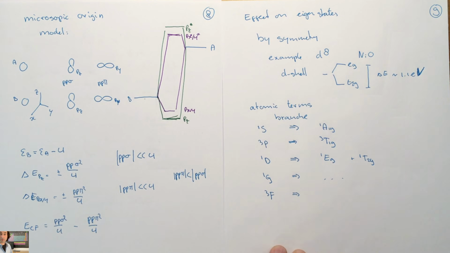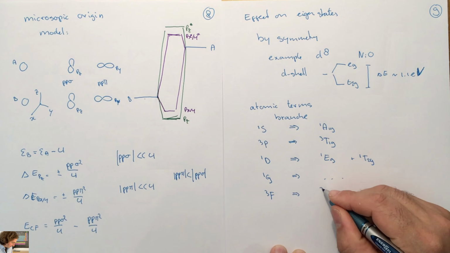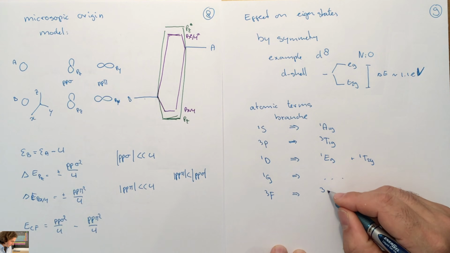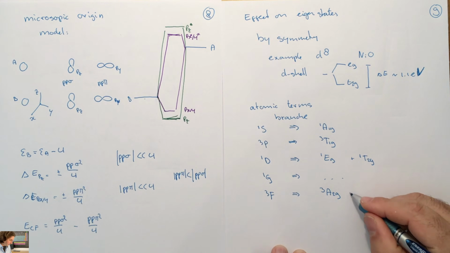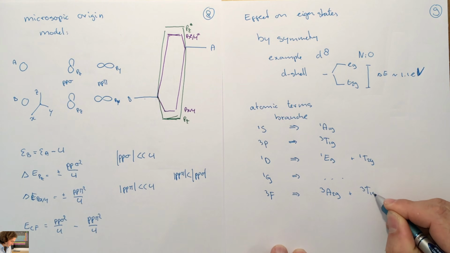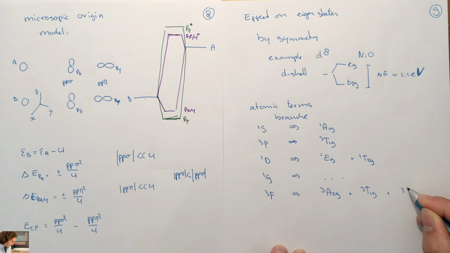The G state is something that we have to look up, and if you look at tables you will be able to find how G orbitals branch. And the F orbital branches into an A2g, a triplet T1g, and a triplet T2g.